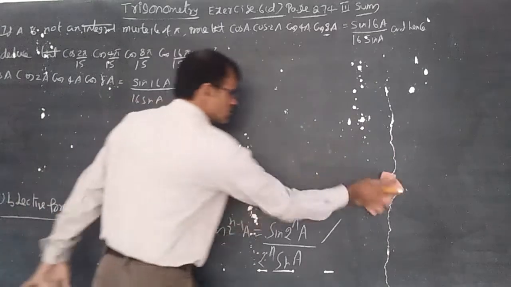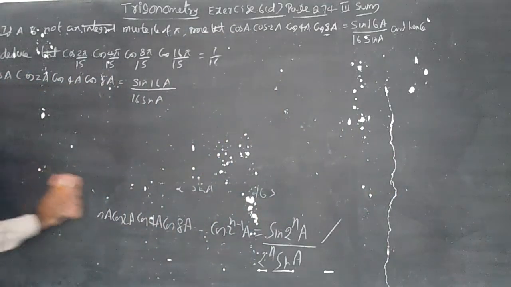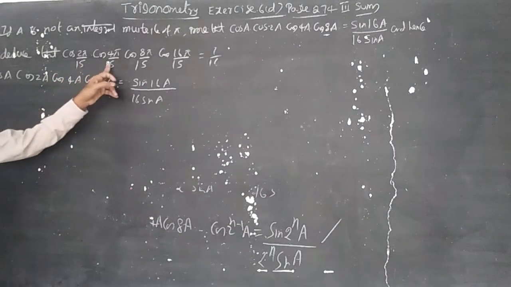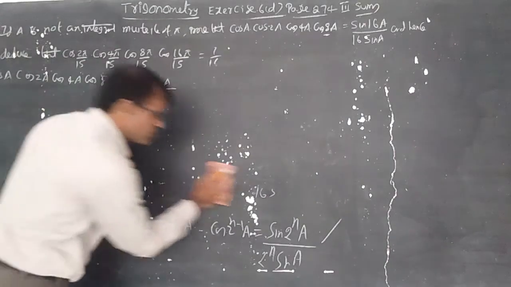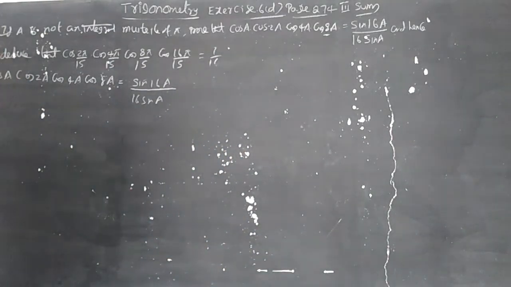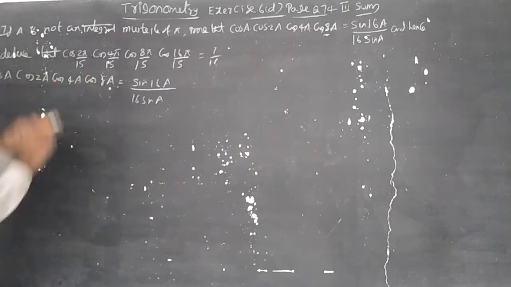Among these values, we can substitute the value 2 pi by 15 because he is asking cos 2 pi by 15, 4 pi by 15, 8 pi by 15, 16 pi by 15. Whenever you are substituting the value A, 2 pi by 15, instead of A it becomes 2 pi by 15, 4 pi by 15, 8 pi by 15, 16 pi by 15.